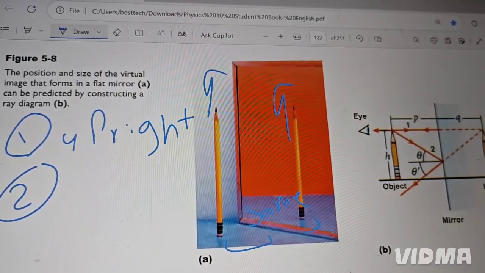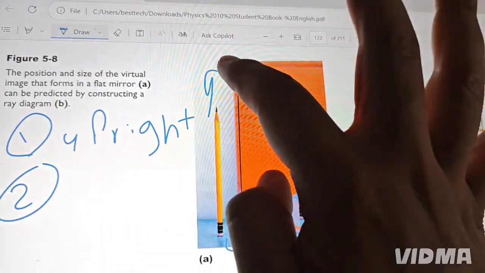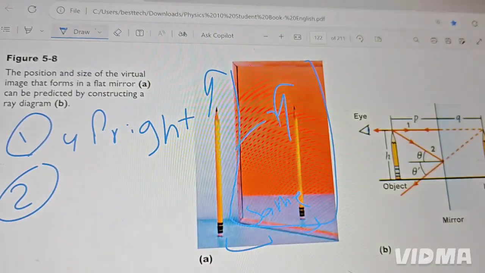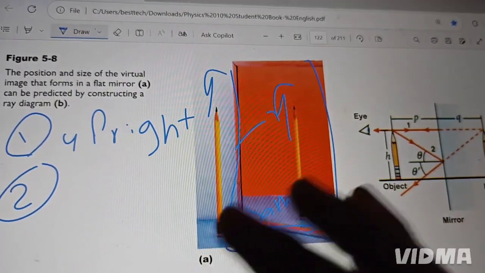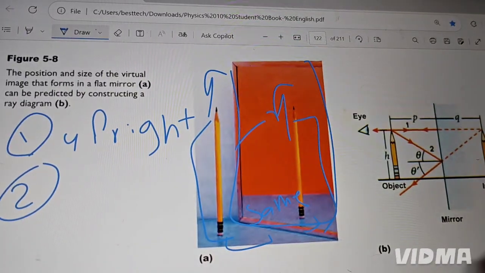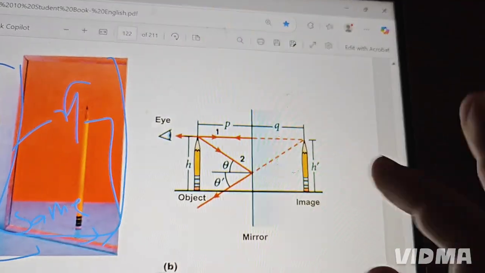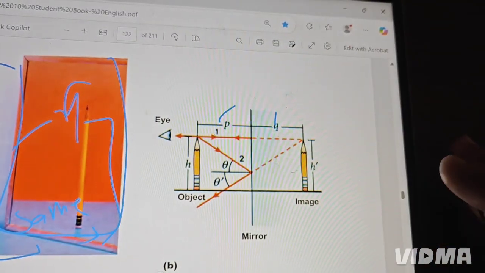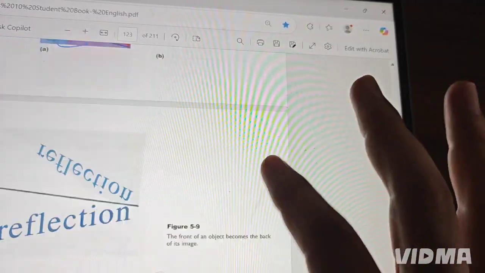One of the properties says the image is located behind the mirror. This is the mirror, and the image is located behind it. And the size of the pen is the same as the size of the image, and so on. Here, this is Q, and I told you all of them.